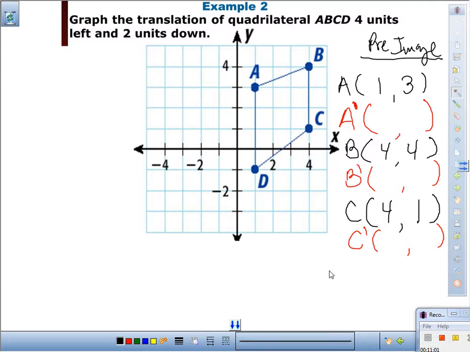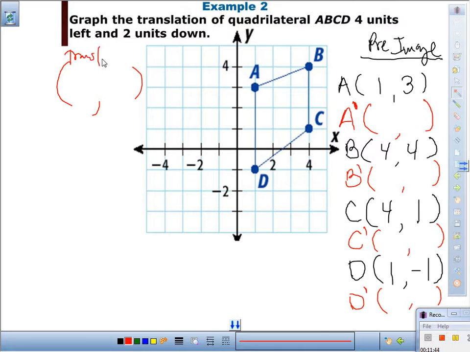And then point D. What are the coordinates for point D, Gabriel? -1, -1. And underneath, we're going to write D prime.